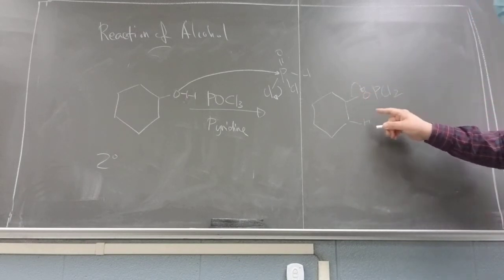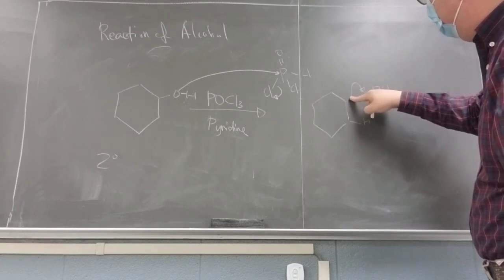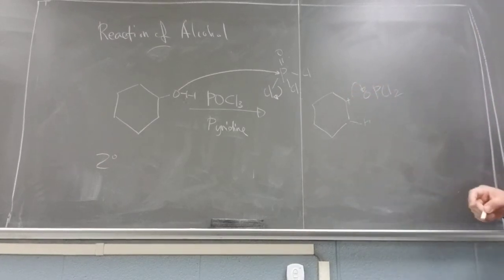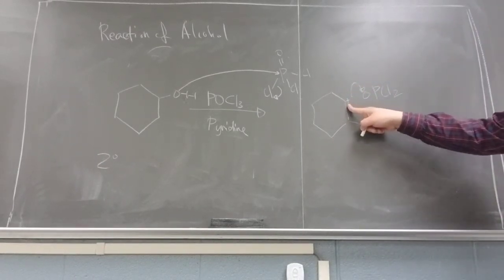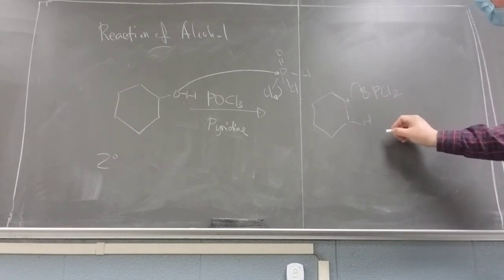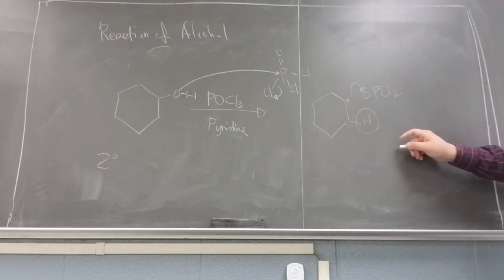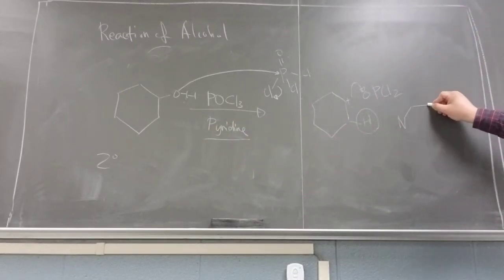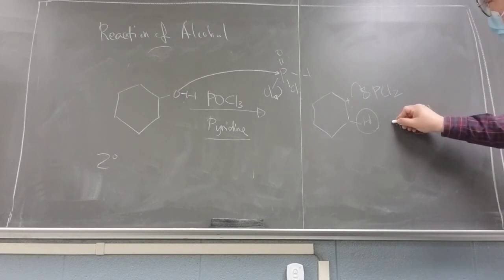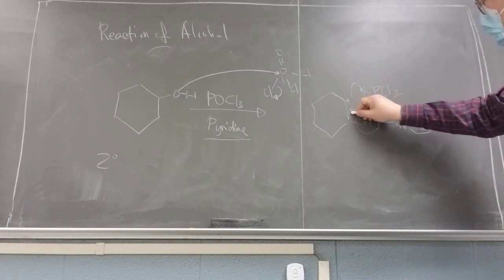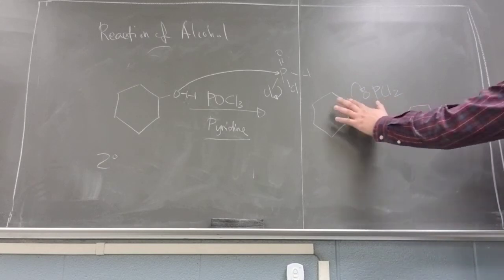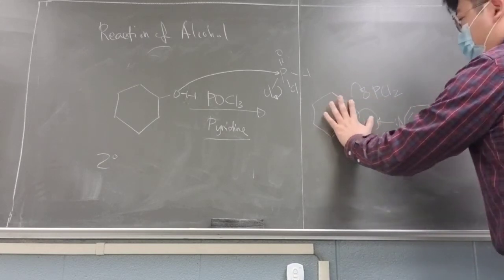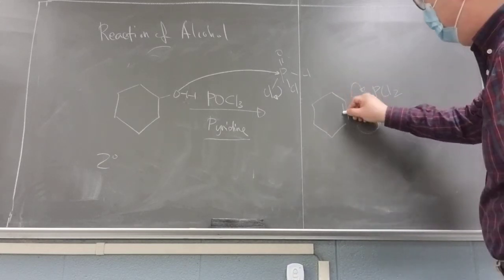Then you're going to have a positive charge on this carbon here, which is a carbocation, and then this hydrogen here will be picked up by pyridine. And this goes to there. So this will be gone, and now you have elimination over here.